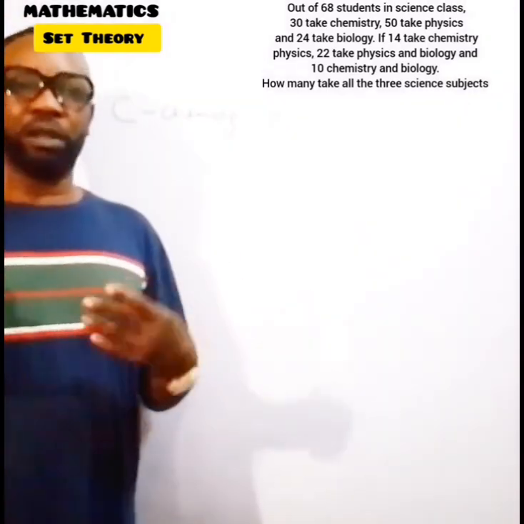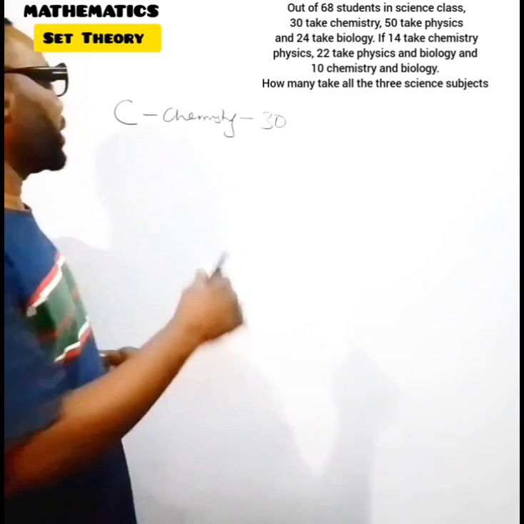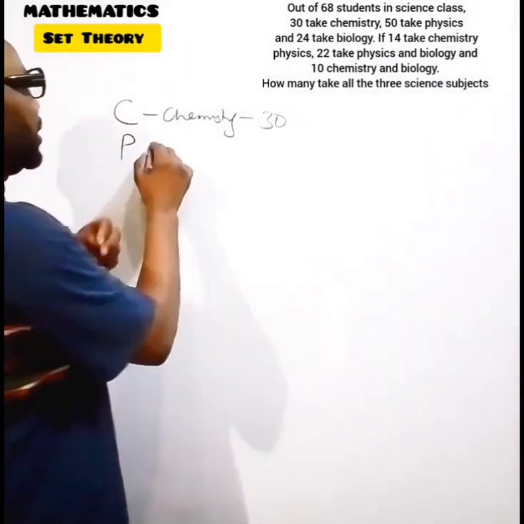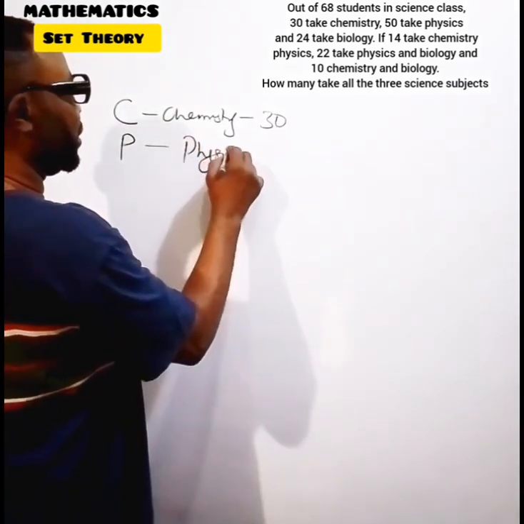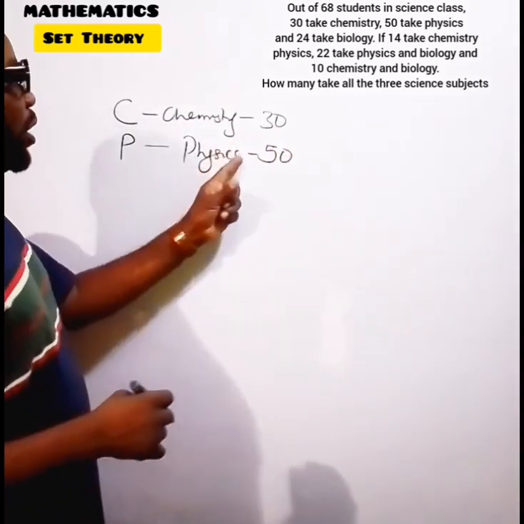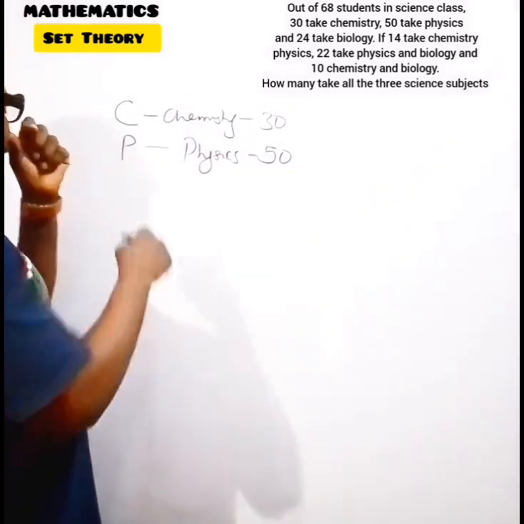According to the question, as we read it further, 50 take physics. I will use P to represent physics. The number of students that take physics is 50.